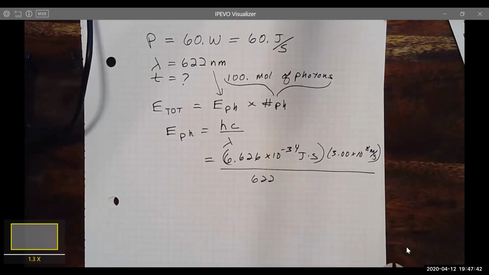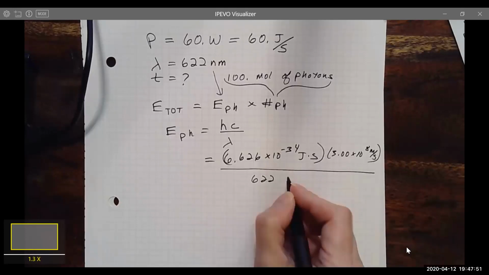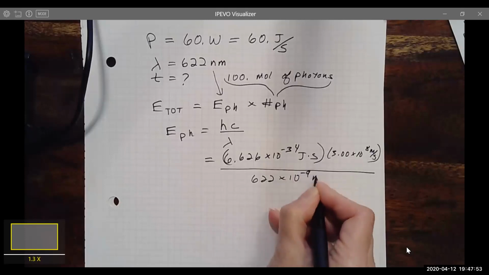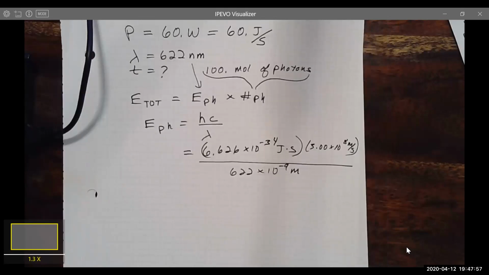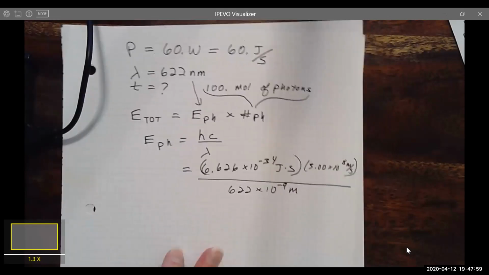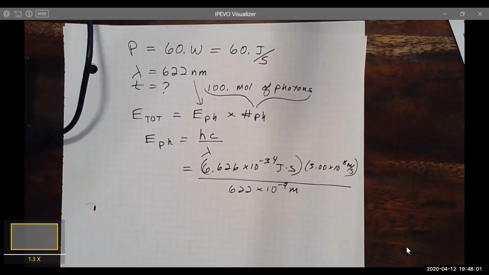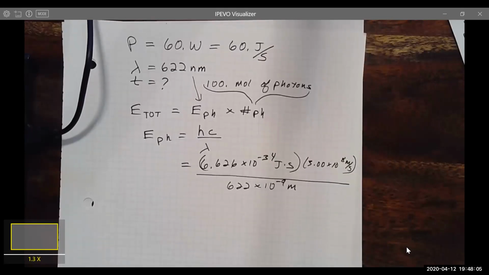So I'm going to do what we did in the last problem. Instead of converting to meters in a separate problem, I'm just going to say, well, I know that nano, that little n, is 10 to the minus 9. Makes things faster that way. And when you're doing a test or a quiz, even though you're doing it online, you want to have enough time to do your problem. So take advantage of the shortcuts.